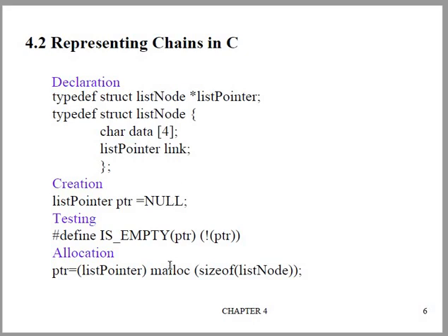Now this pointer is a new node, so we will allocate the memory space using the malloc function. Whatever the size of the node, that much memory space we will allocate using malloc, and we will capture that address in this pointer.